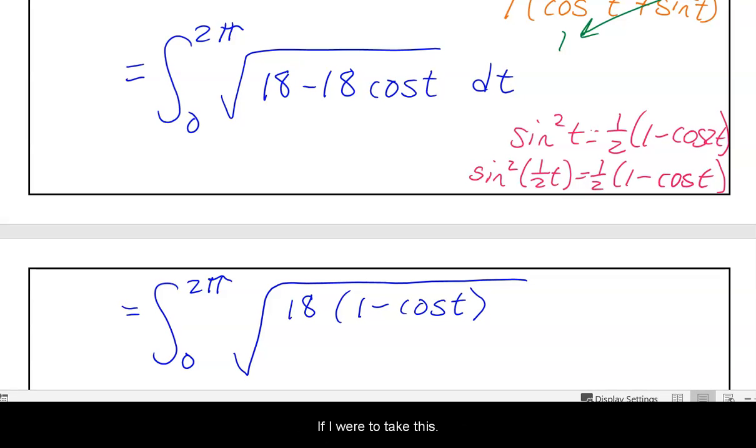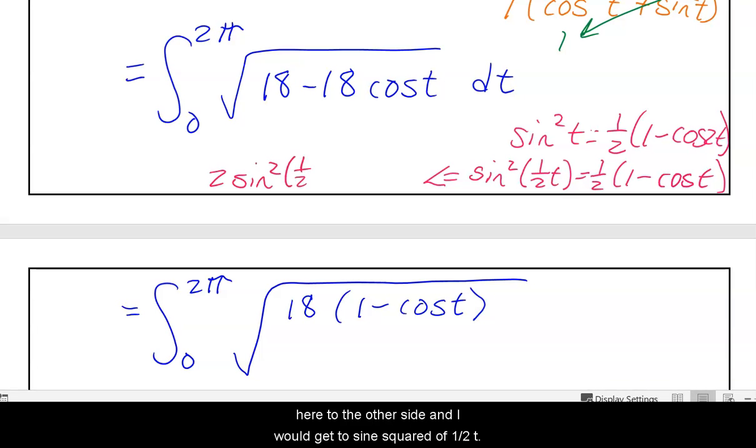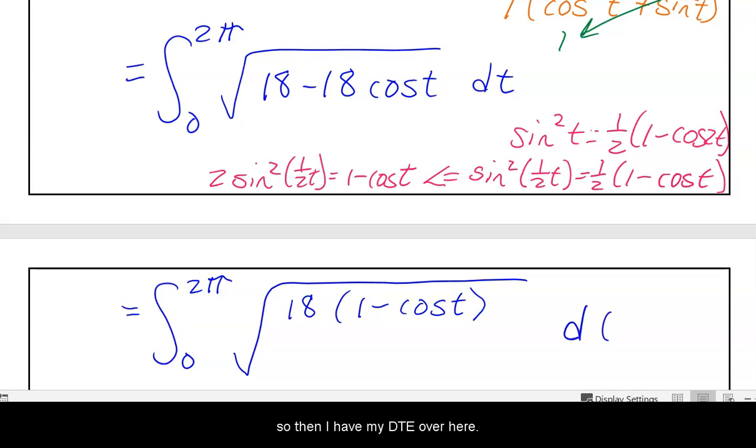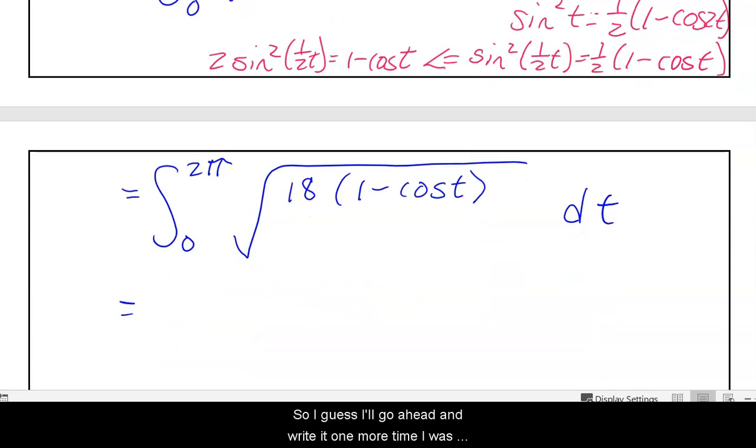If I were to take this formula one step further, I could move the 1/2, which is here, to the other side, and I would get 2 sine squared of 1/2 t is equal to 1 minus cosine of t. And that's the one that I need in order to complete this one. So then I have my dt over here. So I guess I'll go ahead and write it one more time.